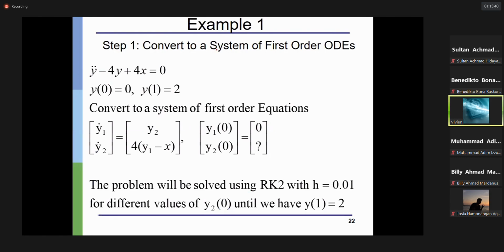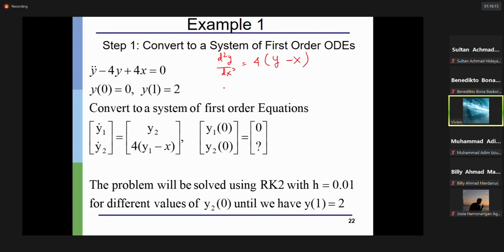Okay, so if we have this one, we can convert it into two equations. So in this case, we have d squared y over dx squared equals, moving that to the right, 4y minus x. And here we use y1 and y2, so y1 is actually the y value, and y2 will be the z value.